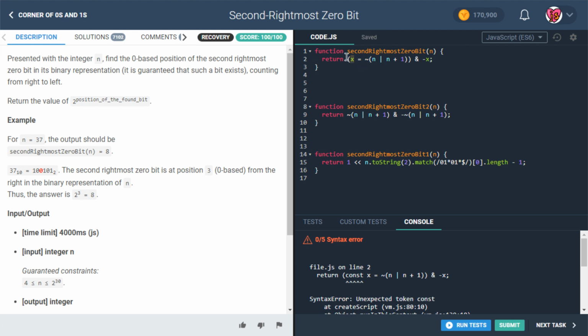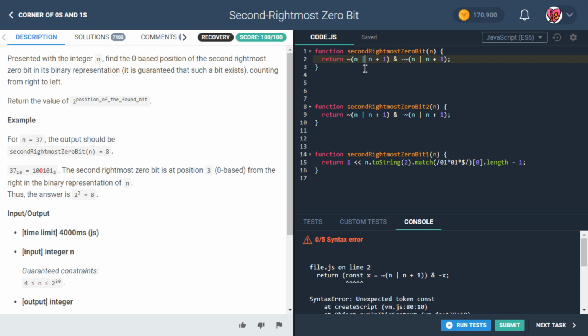So I want to do something like this, but it's not going to be exactly this. So we're going to back up a bit. And instead of assigning a new variable, well, take a look. We're taking this n thing here, right? What are we doing with that n thing? Well, we're using a bitwise or on it with n plus 1. And then we're doing the same exact thing here. Why bother doing it twice? Why not just store that value of n and use that for the next time?